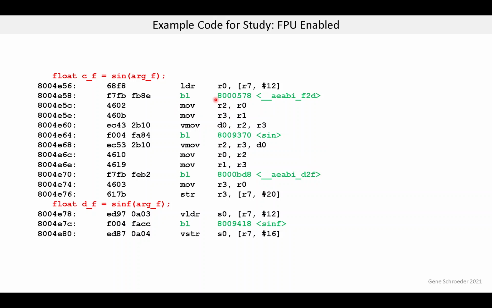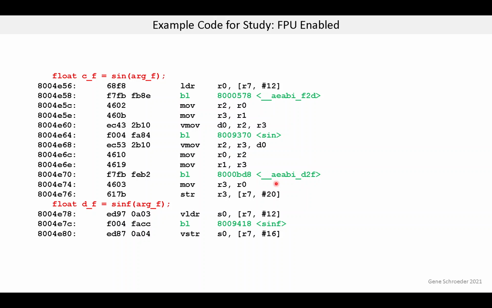First, to get this argument into a double, it generates code to call this function float to double. So now we have a double, and now it calls sign, and sign returns a double, but we have to store it in a float, so it calls a function to convert the double back to float.